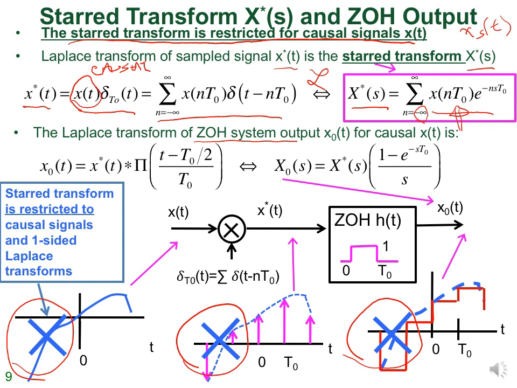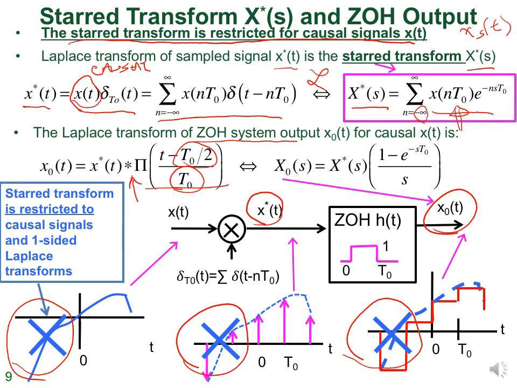Recall that in the system diagram, this output x0 of t has gone through the zero order hold, so it's x star of t convolved with the zero order hold impulse response. And we saw earlier that's a rectangular function delayed by half the pulse width and with a width t0. And so again, the output is now the convolution.